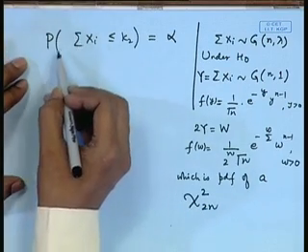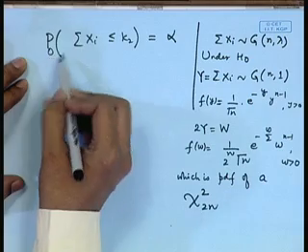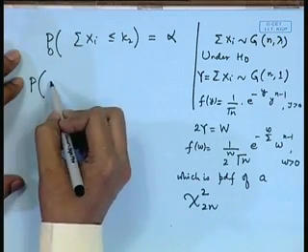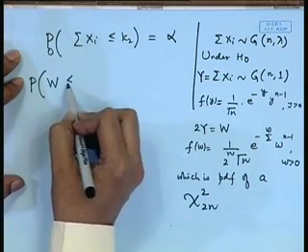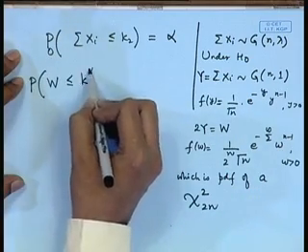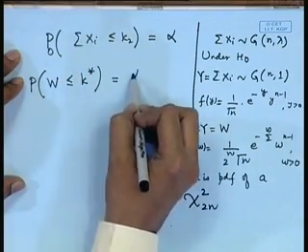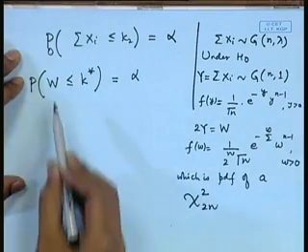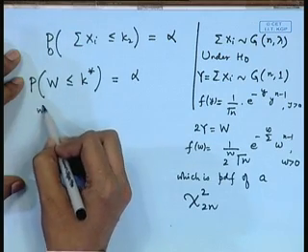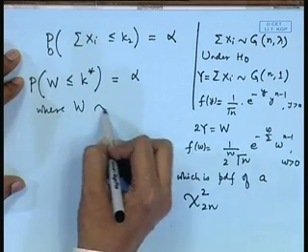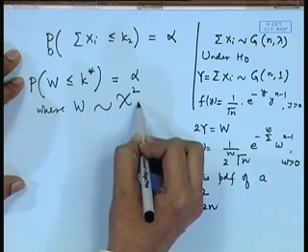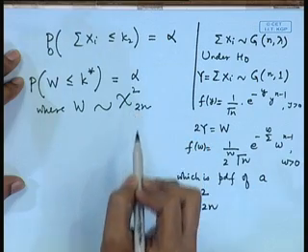So, now under H naught we can write this as the probability of w less than or equal to some k star, that is equal to alpha. So, this w is having a chi-square distribution on 2n degrees of freedom.